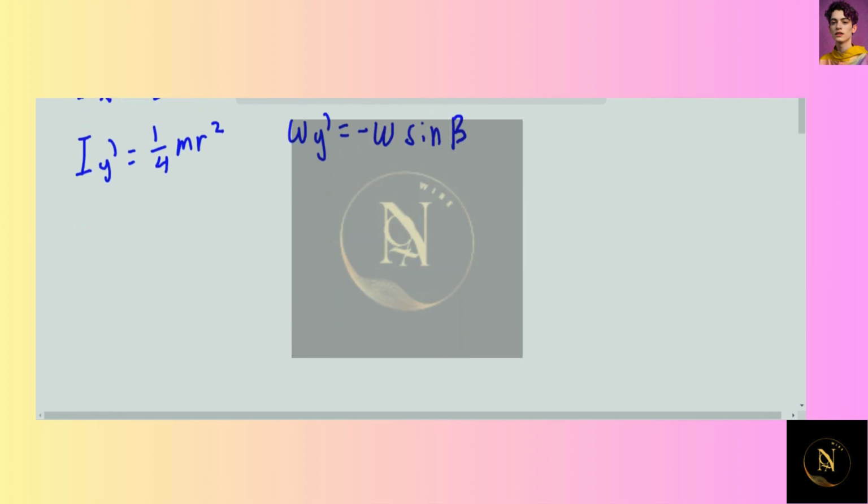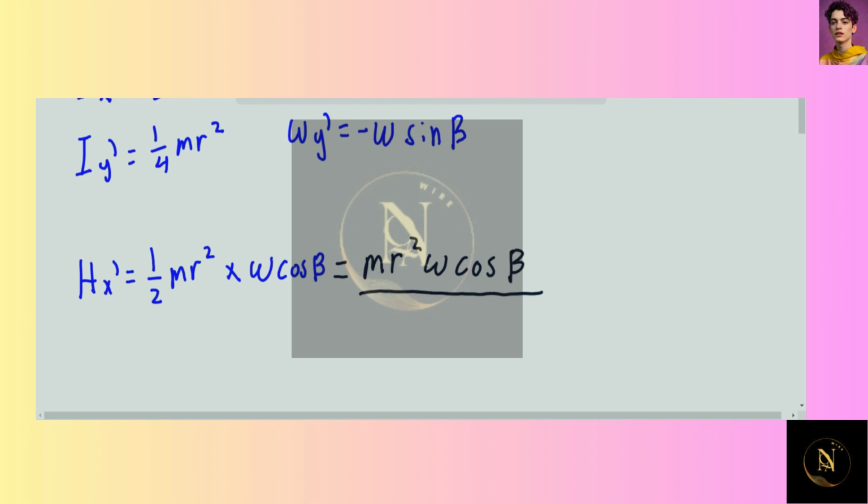So now for the x component of the angular momentum, this is just the moment of inertia times the angular velocity. Which we can simplify as mr squared times omega times the cosine of beta divided by 2.